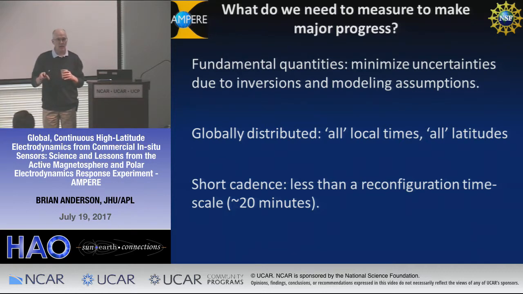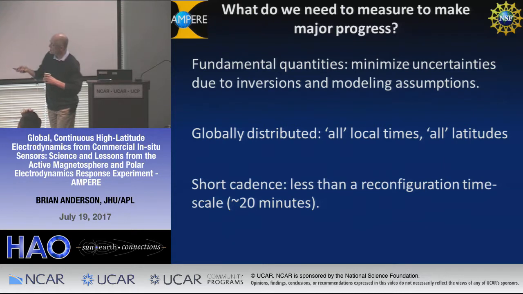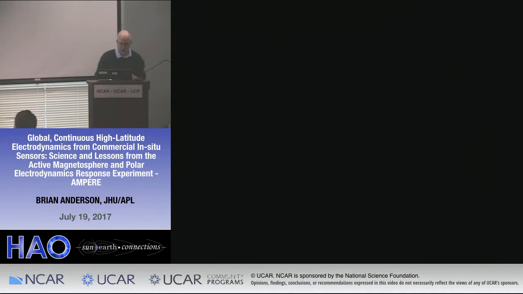It turned out that the aurora is too far removed in electrodynamics to allow you to really close that problem. And it wasn't for lack of really smart people trying really hard. It just couldn't be done. So we needed fundamental quantities. They had to be globally distributed at all local times, all latitudes. And they have to be on a cadence that's short relative to the reconfiguration time of the system. And that means you're driven to a constellation.